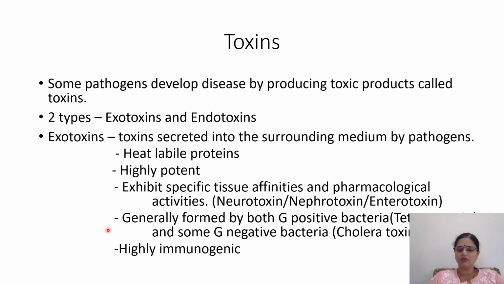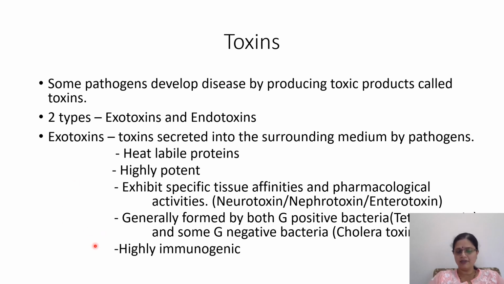And these exotoxins are generally formed by both gram-positive and gram-negative bacteria. One example for an exotoxin released by gram-positive bacteria is tetanus toxin, which is released by Clostridium tetani. And an example for a gram-negative bacterial exotoxin is cholera toxin, which is released by Vibrio cholerae.